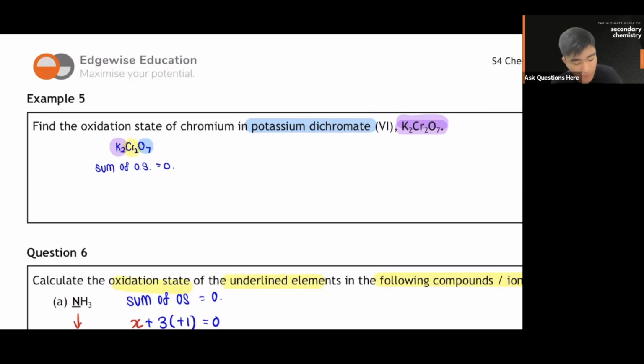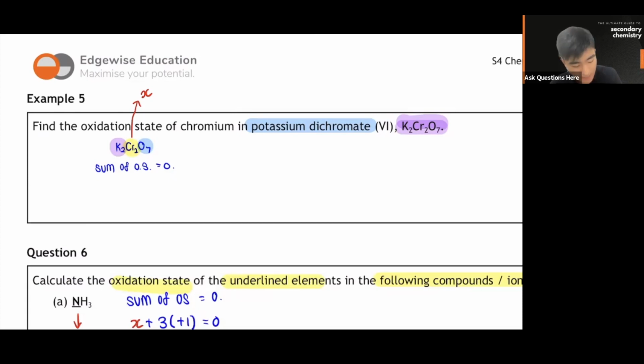I know that chromium is the one that I want to find, so I'm going to give it a value of X. Since K2Cr2O7 is a neutral compound, with no charge, the sum of oxidation states must be equal to 0. This is what we always fall back onto when looking at compounds. So I can write out the sum of oxidation states.